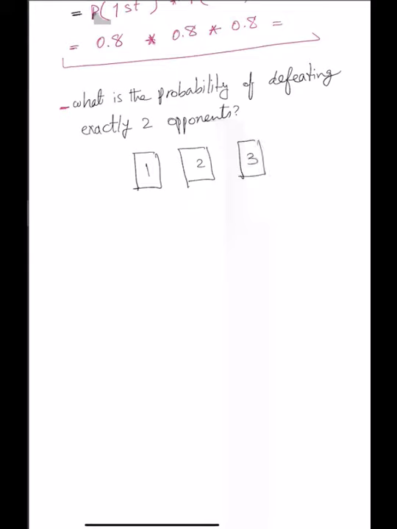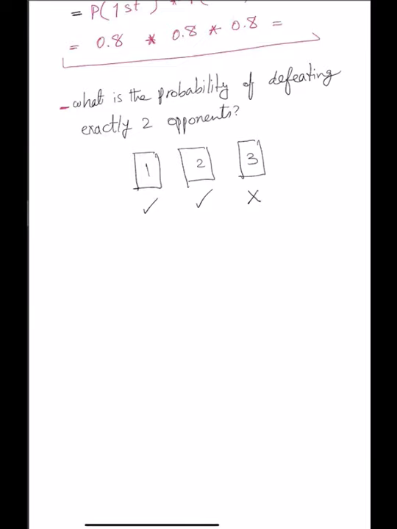Can you tell me the scenarios under which I can defeat exactly 2 opponents? In words. So you can defeat the first opponent and second, and then lose to the third one, right?